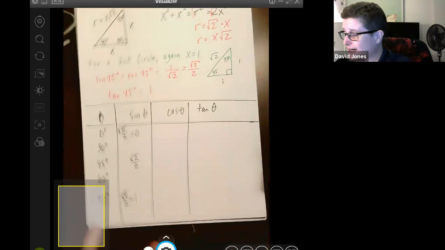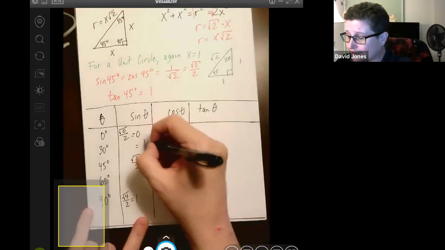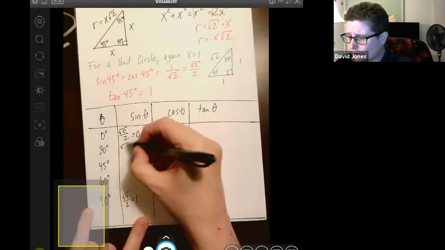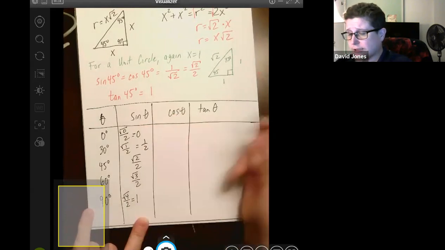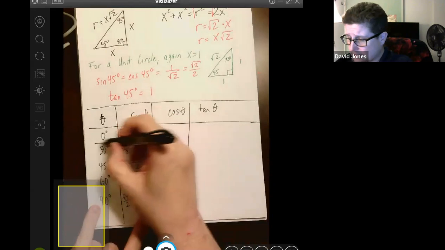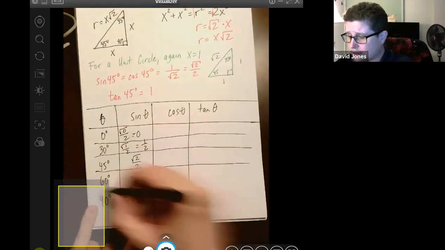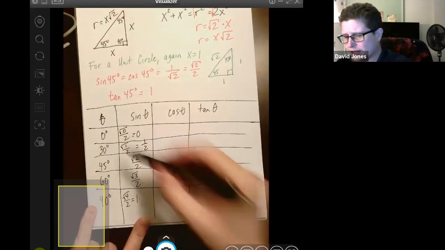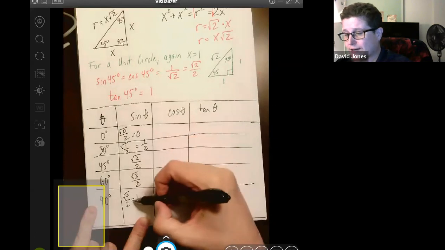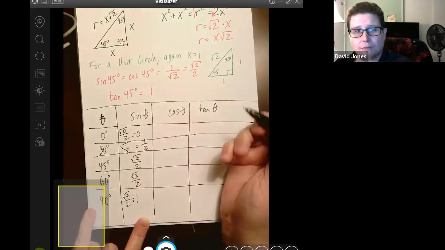Because oddly enough, we were just looking at sine of 30. Sine of 30 was 1/2. Well, that's the square root of 1 over 2. And sine of 60 was root 3 over 2. So notice the denominator is 2 going on all of them, and the number inside the radical just goes up by 1.